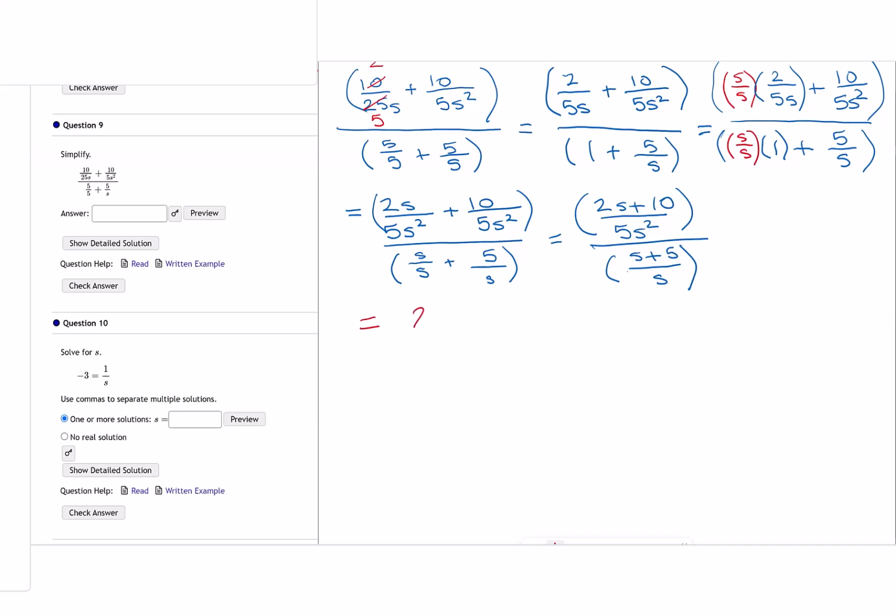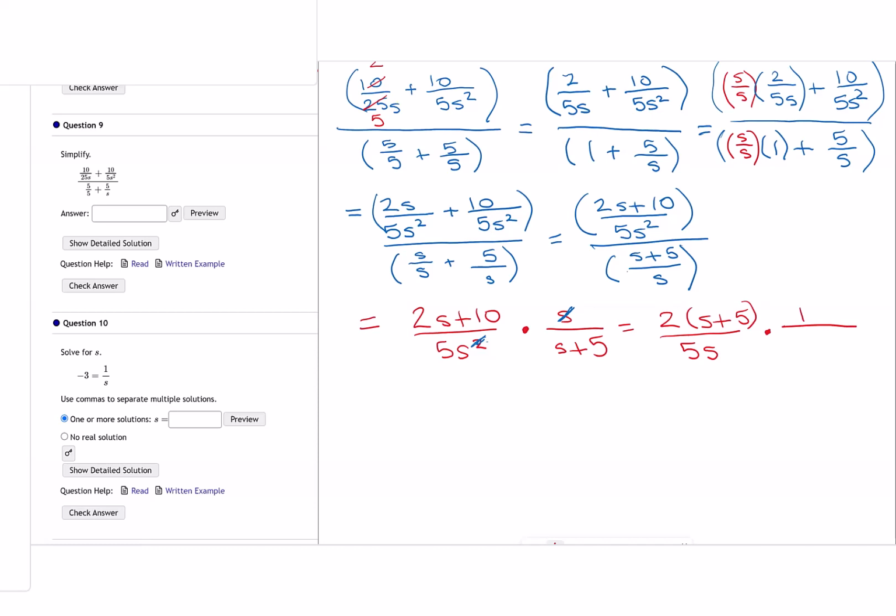Let's do it. We have 2s plus 10 divided by 5s squared. Change the division to multiplication and flip the second fraction. I can actually cancel one of these s's with this s. That's about it for the moment, which gives me, oh, but I can factor that numerator and make it 2 times s plus 5 divided by 5s times, well, we got rid of that s.